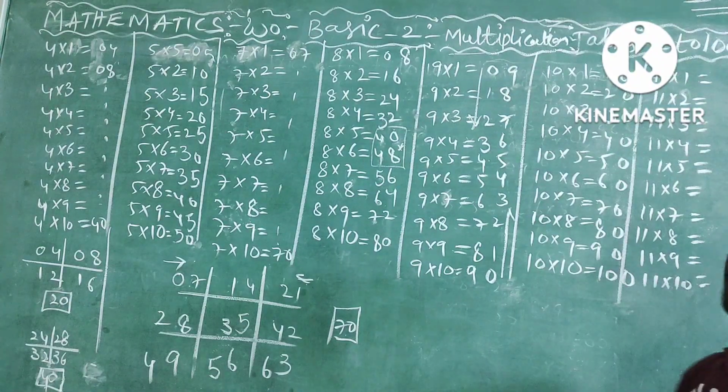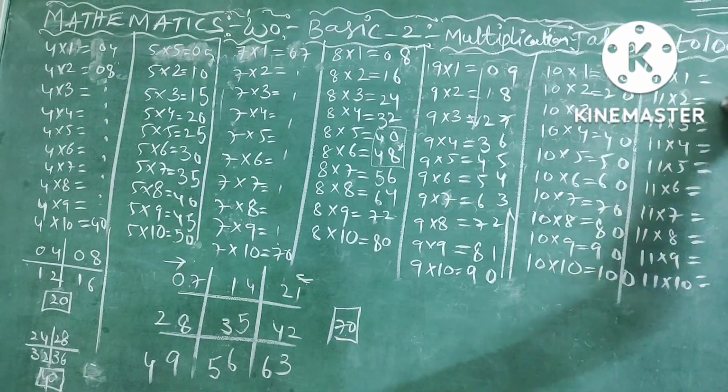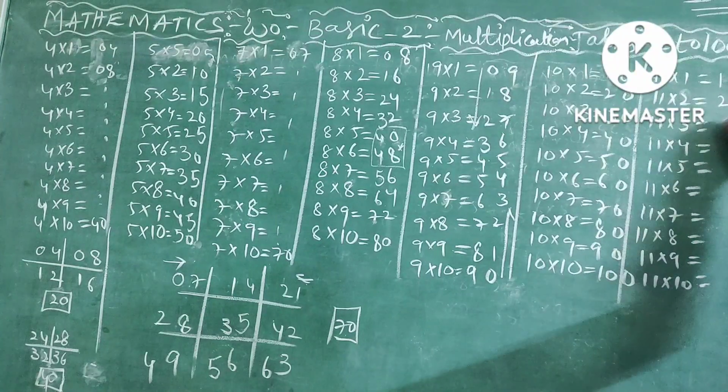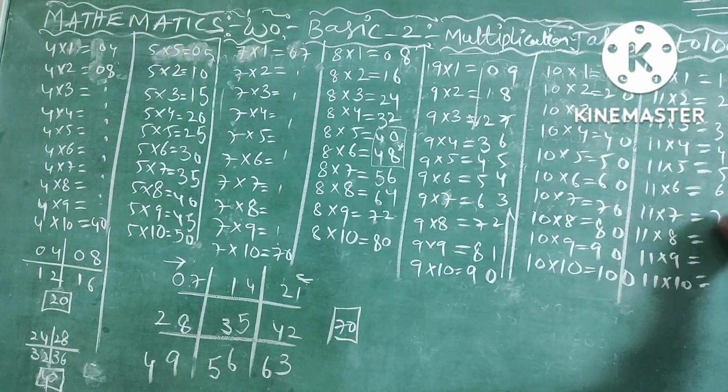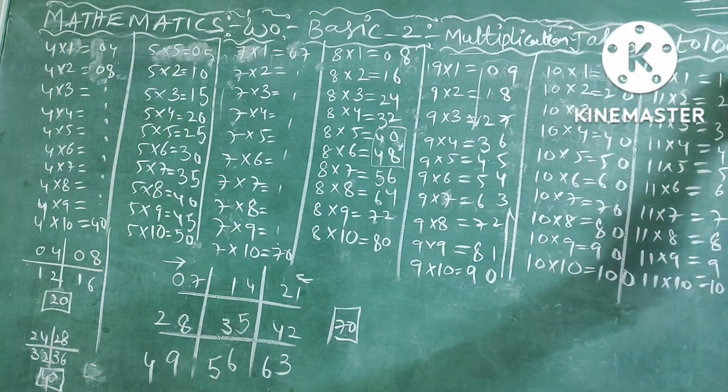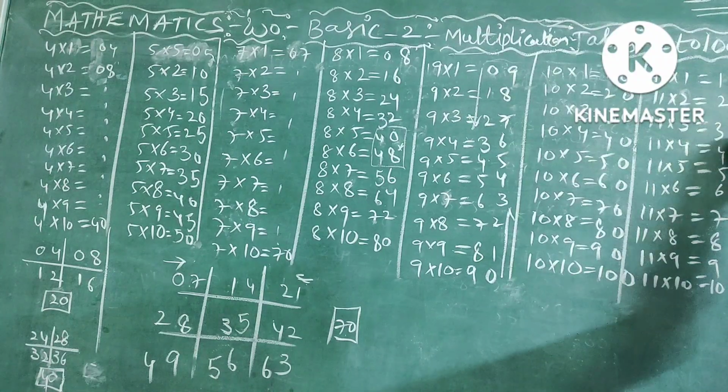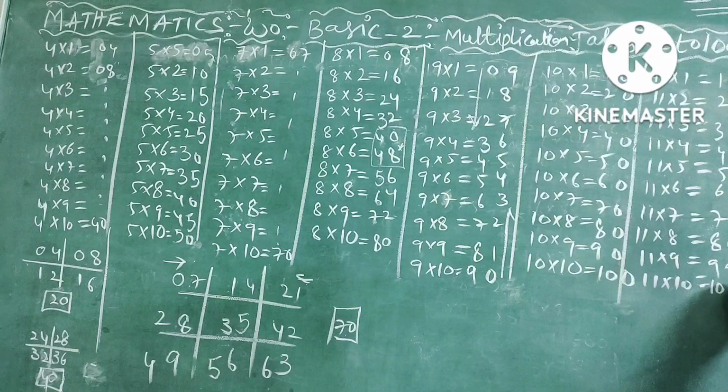Yes. What should we do here? Write the same numbers here. What numbers? The same numbers: 1, 2, 3, 4, 5, 6, 7, 8, 9, 10. Here also write the same numbers again: 1, 2, 3, 4, 5, 6, 7, 8, 9, 10.